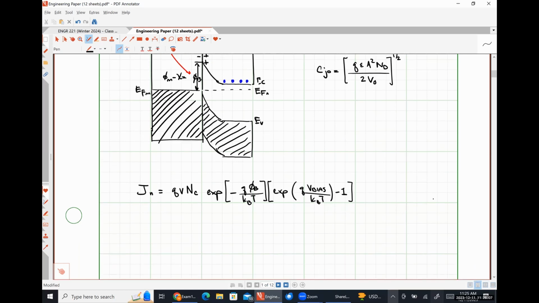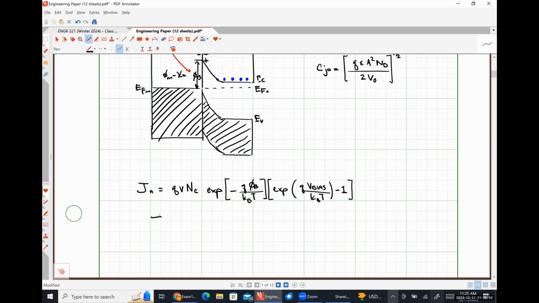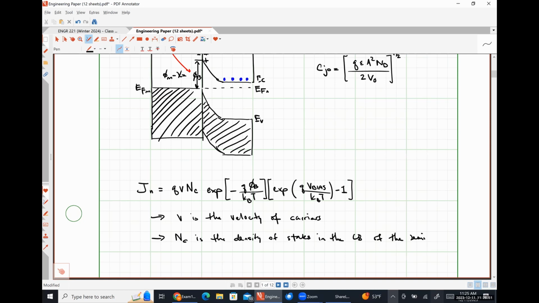So just really quickly here, v is the velocity of carriers, in this case electrons, and Nc is the density of states in the conduction band of the semiconductor.